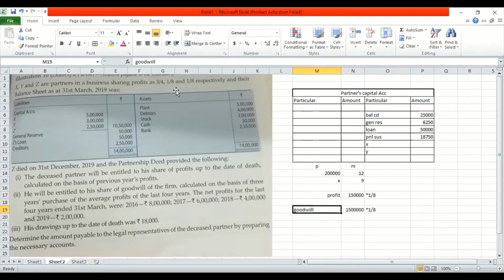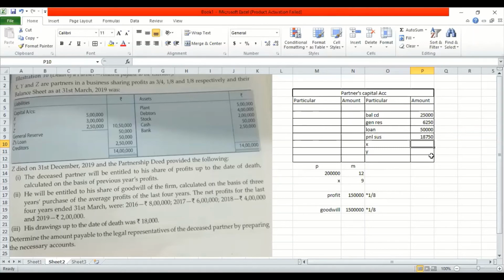After doing that, as I told you, you will not give him the complete figure. You will give him his share, that is 1/8, and who will give it? X and Y. In which ratio? In the sacrificing or gaining ratio, isn't it? And what is the gaining ratio over here? Please note, whenever the new ratio is not given, the sacrificing or gaining ratio is always the old ratio.